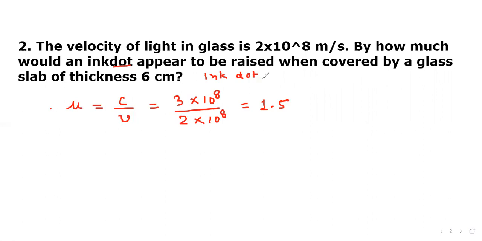Now, here the thickness of glass is 6 centimeter. It means this is the real depth. So the real depth is 6 centimeter, the apparent depth is to be found, and then the normal shift is also to be found.